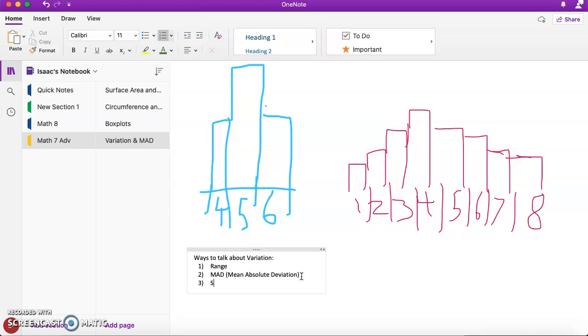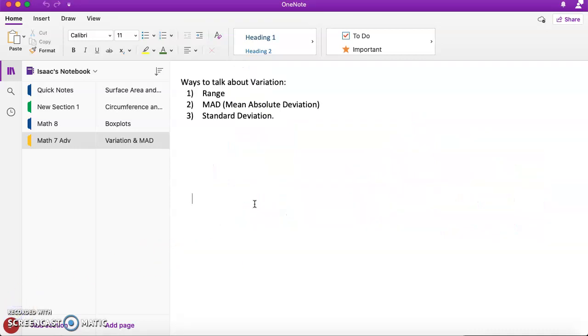The other one is called standard deviation. We're not going to worry about standard deviation for now. I'm only telling you because it's one of the three main ways we talk about variation. At this time, pause this video, watch the other one that's attached to today's lesson, and then come back to it.